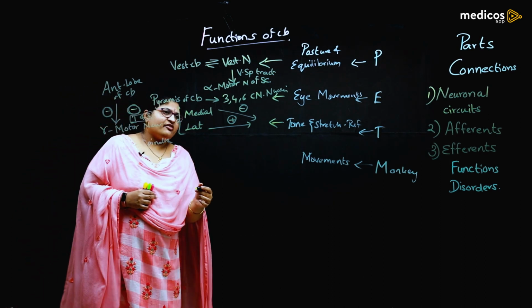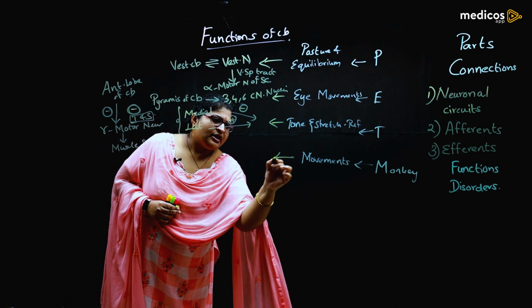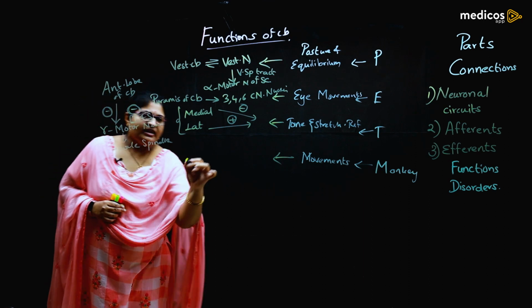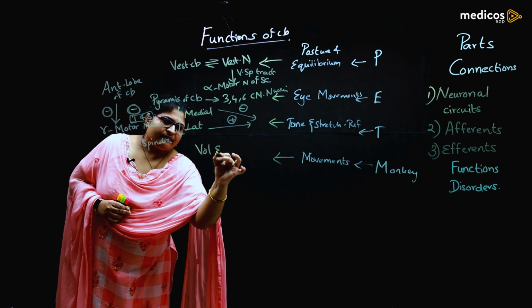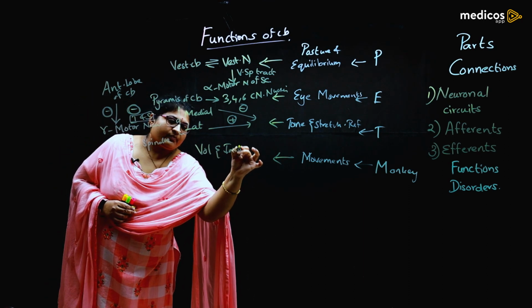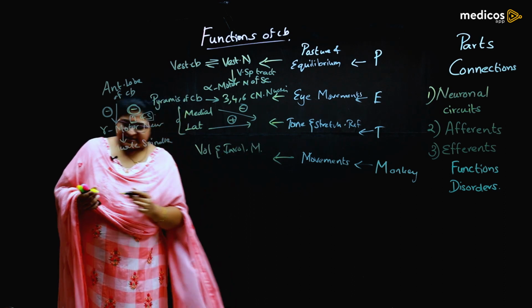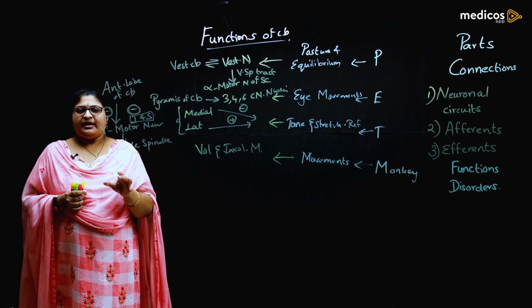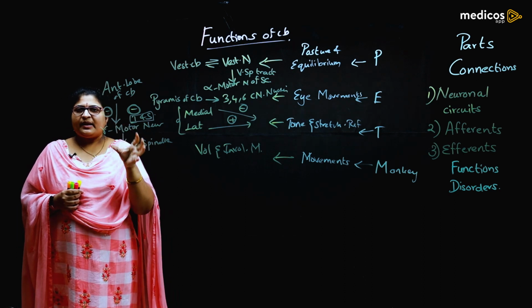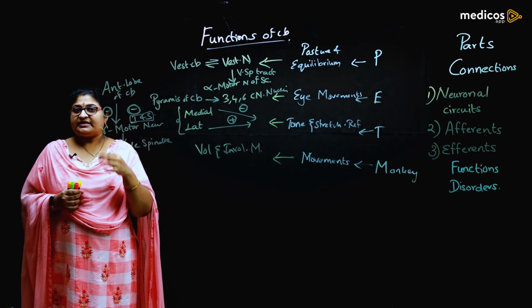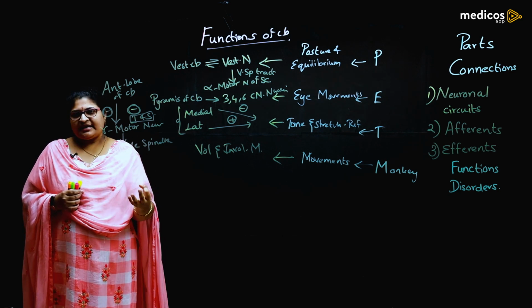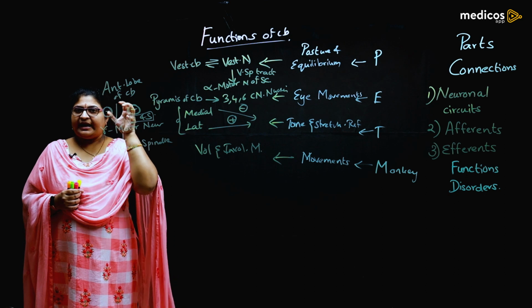Now let's see what the influence over movements is. The cerebellum controls both voluntary and involuntary movements. While discussing the afferent part, we discussed one important point. The cerebellum is receiving sensory information: proprioception, kinesthetic, cutaneous afferents, and from the eye and ear.